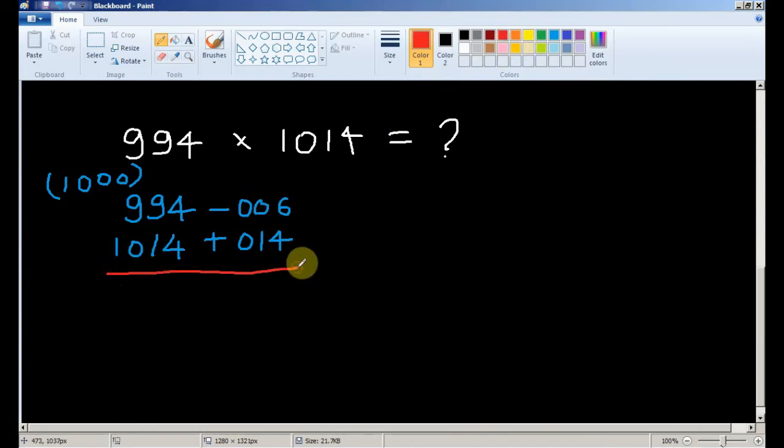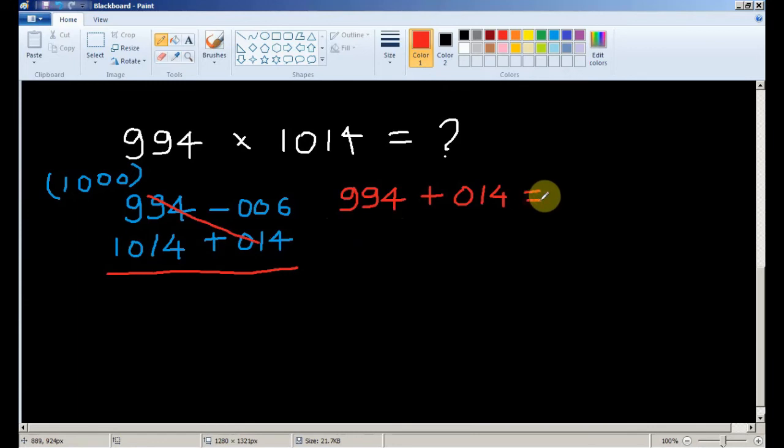Next, we have to do the business as usual. So simply you do a cross addition this time. Let it be different this time. I'm doing cross addition because there's a plus sign here. So I'm going to do cross addition of 994 plus 014.